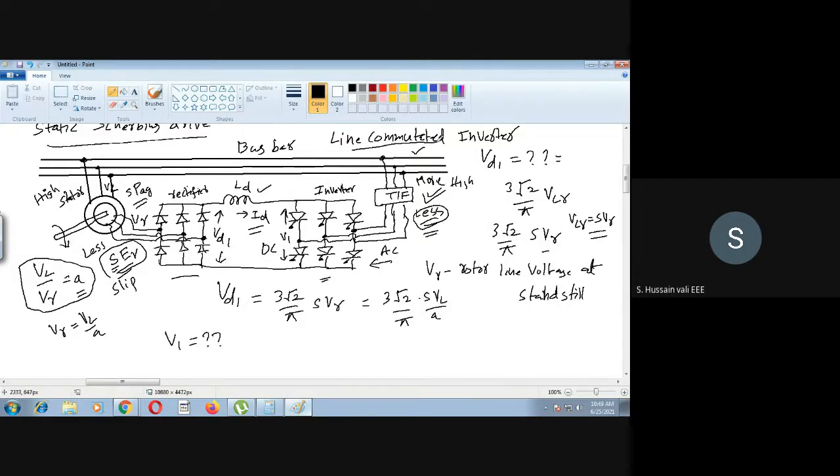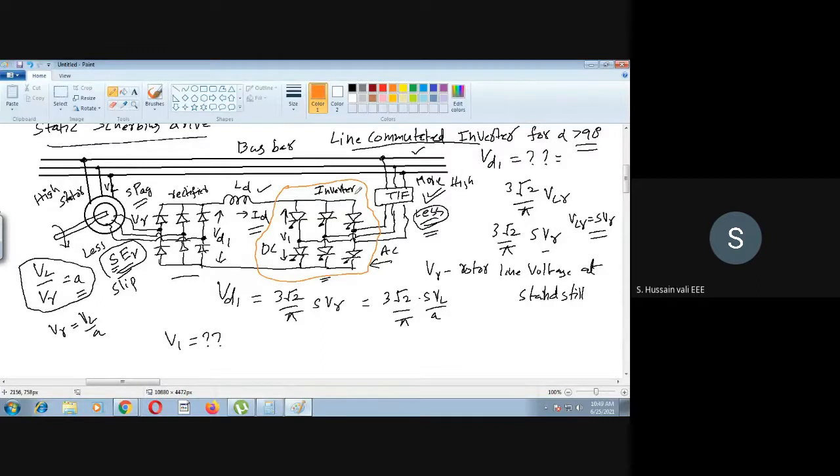A line commutated inverter is nothing but a full converter for alpha, the firing angle, greater than 90 degrees. This we have already studied: when you increase the firing angle greater than 90, you can use that full converter as a line commutated inverter.